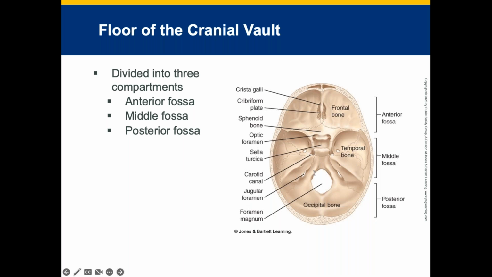On either side of the crista galli is the cribriform plate of the ethmoid bone. The olfactory nerve sends projections through the foramina in this cribriform plate into the nasal cavity. Now we'll talk about the different nerves later on, but there are 12 cranial nerves you need to understand.